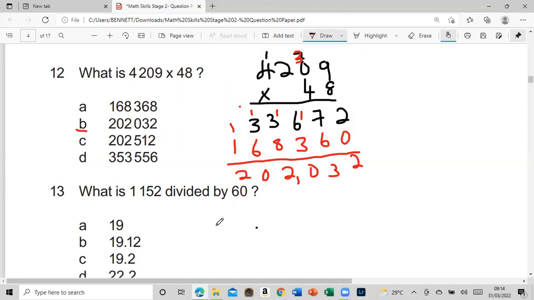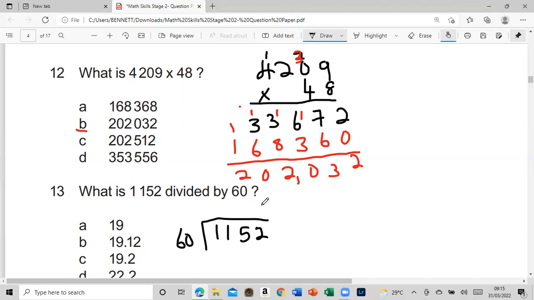So it just gives us the number. So let's do that. 115, I'm going to be dividing by 6. Now 6 into 1 you can't, 6 into 11 you can't, 6 into 115, that's 2 times.